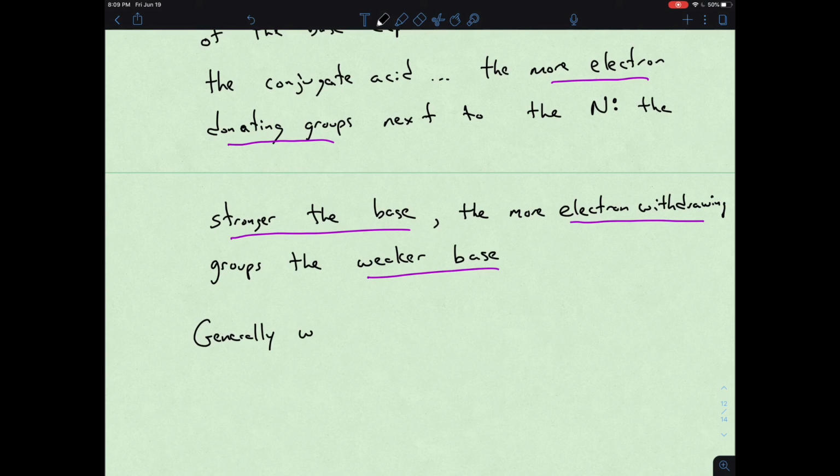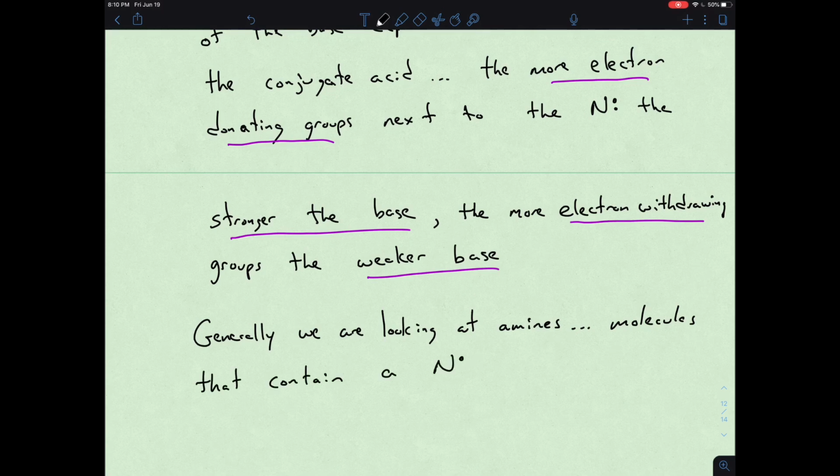Generally, we are looking at amines. These are molecules that contain a nitrogen with a lone pair.